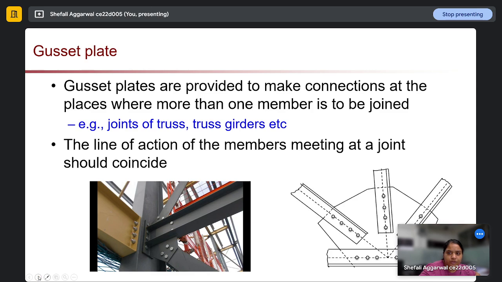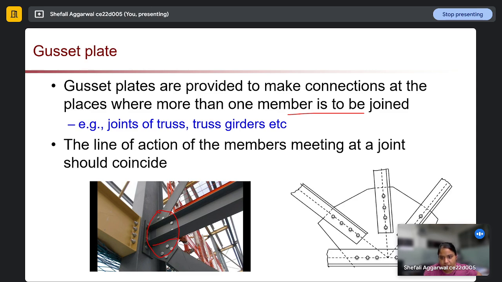If we go from the start, what are gusset plates? We already read that these plates are provided to make connections at places where more than one member is to be joined. If you see in this figure, we are joining three members, so to join three members, we need a gusset plate.